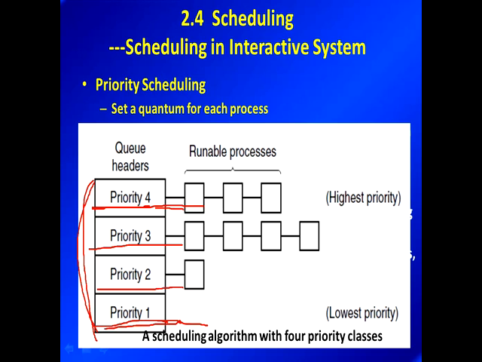So you have the same setting on the quantum to use the CPU. This is the basic idea of setting a quantum for the modification on the priority scheduling.